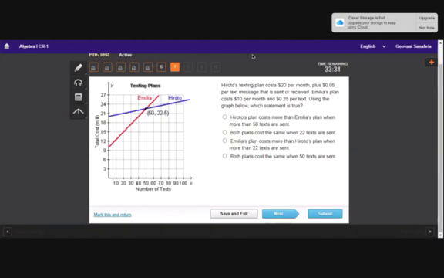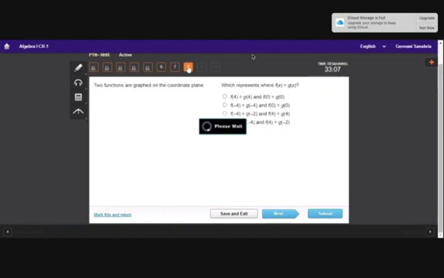Like Emilia's plan costs more when it's more than how many texts? The 50 texts. So they're trying to mix around the x and the y values for that answer. So then the last one, both plans cost the same when 50 texts are sent. Does that make sense? Yeah, for sure. The ones with the graphs I feel like will be easier on this one. We'll see about the inverse stuff though.